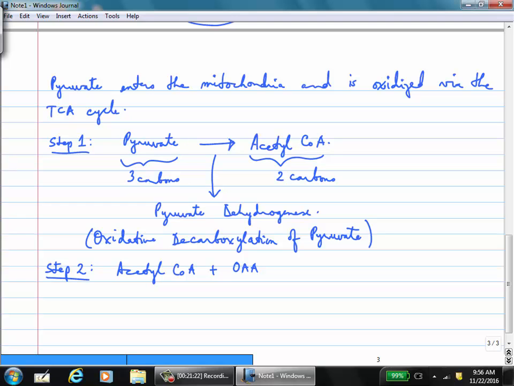It reacts with that and produces citrate, and the enzyme that does that is called citrate synthase. Now, acetyl coenzyme A has how many carbons? 2 carbons. What about oxaloacetate? 4 carbons. So you expect that the citrate is going to have 6 carbons.